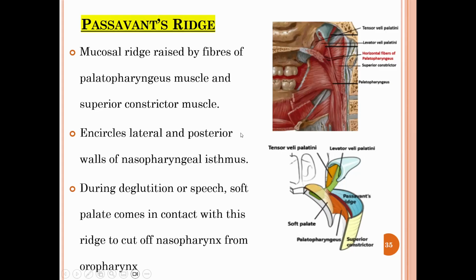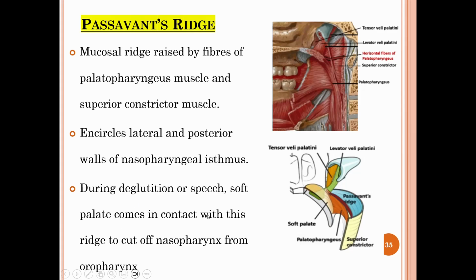When these two muscles contract together, this mucosal fold will be raised, and this Passavant's ridge will encircle the lateral and the posterior wall of the nasopharyngeal isthmus. Remember, nasopharyngeal isthmus is the communication between the nasopharynx and oropharynx. So this ridge will be raised and it will be encircling the lateral wall and the posterior wall.